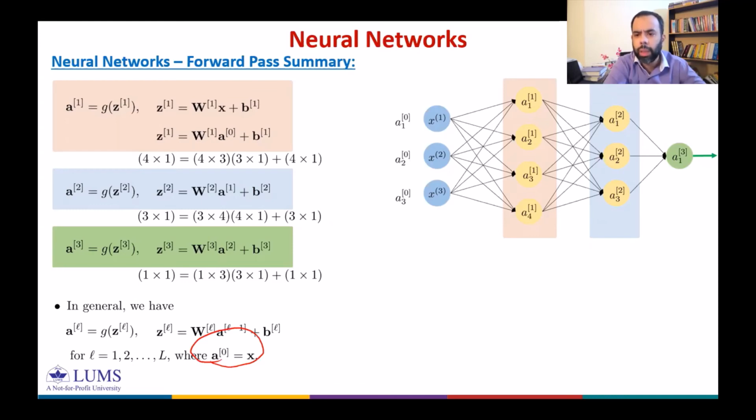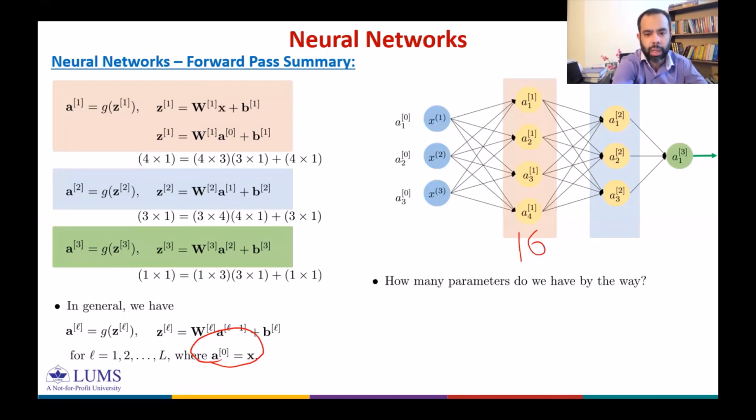By the way, for this example, how many parameters do we have? What about the number of parameters in the first layer? We have 4 nodes, 3 inputs, so 3 weights for each node. In total we have 12 weights plus 4 bias terms, so 16 parameters for this layer. In the second layer we have 4 inputs, 3 nodes, 4 times 3 is 12, plus 3 biases, 15 parameters.